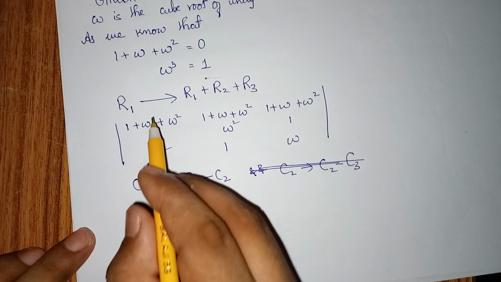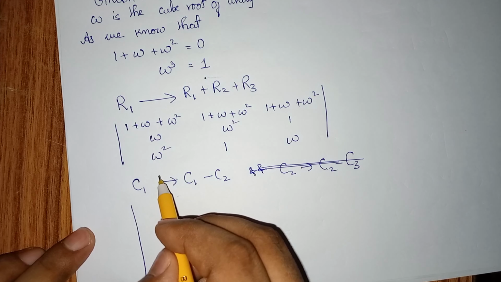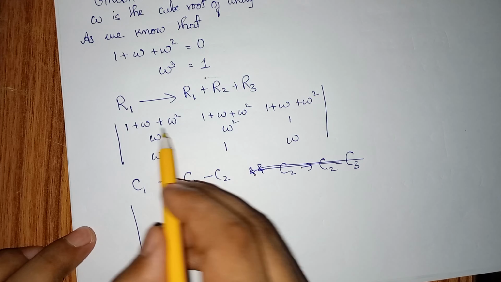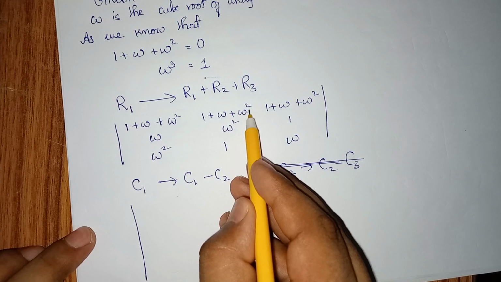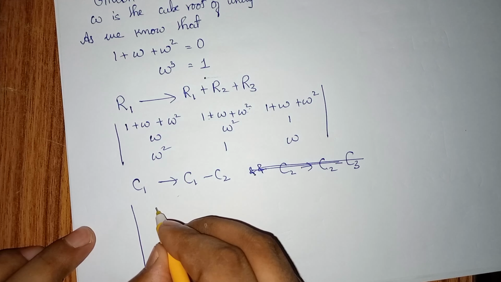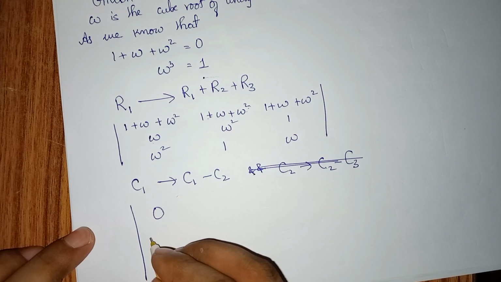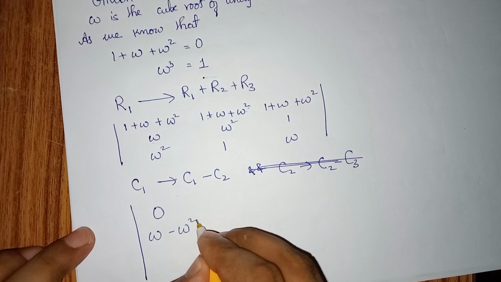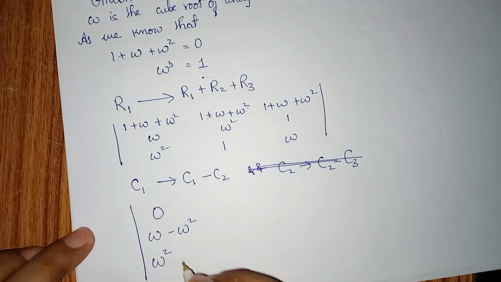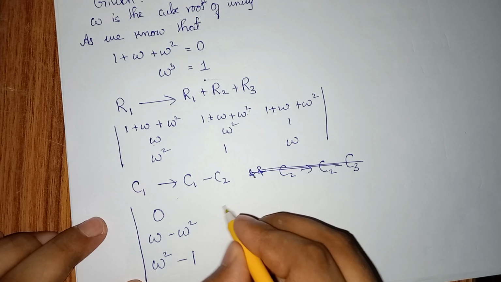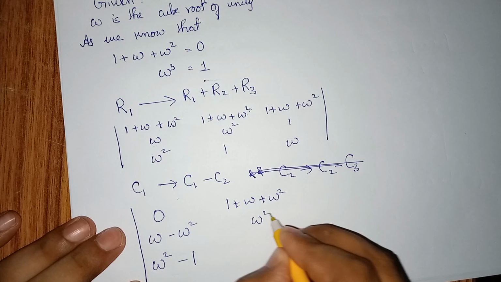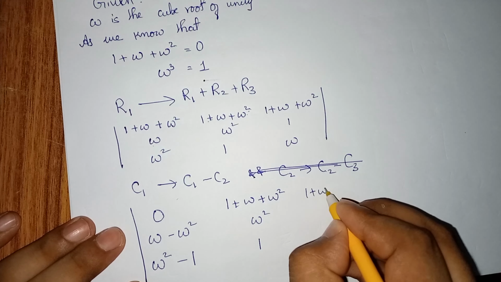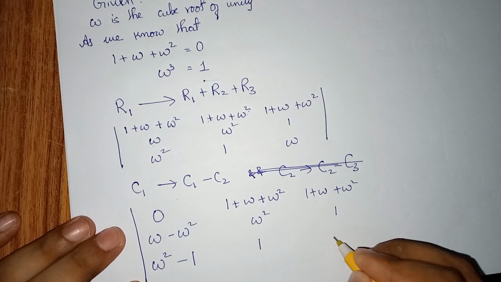So this line is your C1. 1 plus omega plus omega square minus 1 plus omega plus omega square, how much will I get? 0. Omega minus omega square. Here I will get omega square minus 1. The other columns will be the same: 1 plus omega plus omega square, 1, omega.